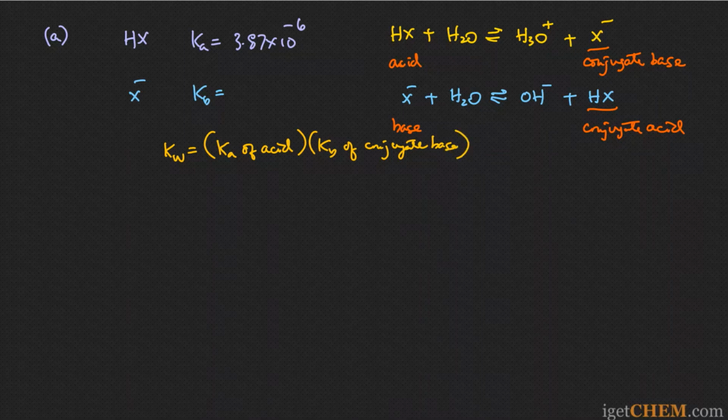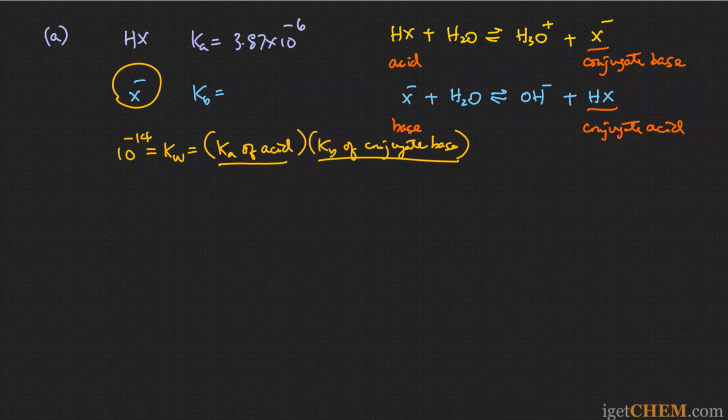So in this case, we know the Ka value for HX, and we want to use that to calculate the Kb value of the conjugate base, which is X minus. And of course, the value for Kw, which is the autoionization constant of water, is 10 to the minus 14.